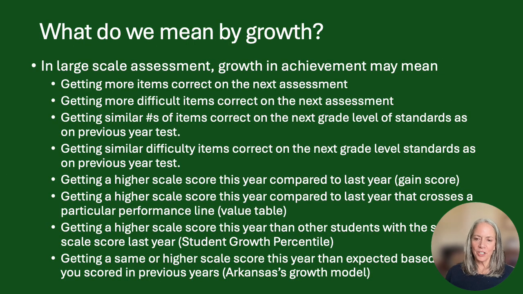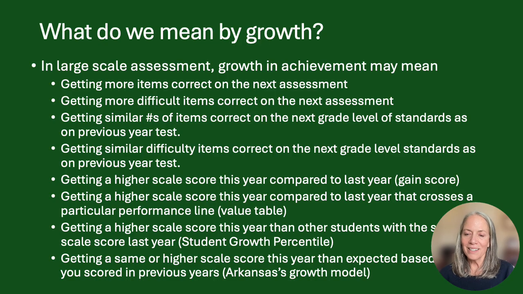When we take into consideration the computer adaptive design of our Atlas interims and summatives, it makes a difference, because that means it's not about just increasing by an item. This is not about getting more items correct or increasing your percent correct directly. It's about which items you're getting correct and what are the difficulties of those items, because it allows for each student to have different items presented based on how they're doing on prior items, which means that not every student's getting the same number of items or the same item difficulties as they go through.